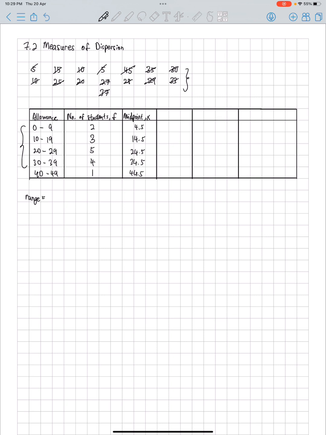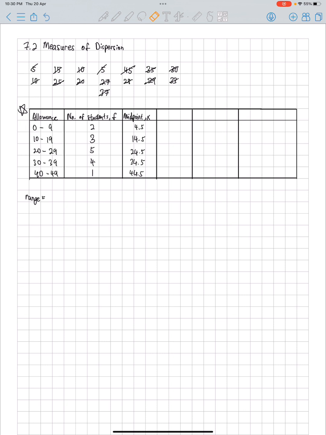So for this range, it is the highest minus the lowest, which is 40. But we will not use this again now. So we'll just use this table.